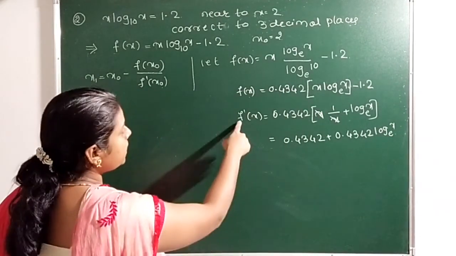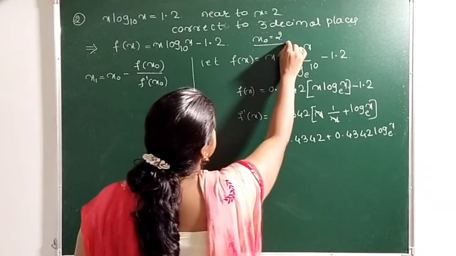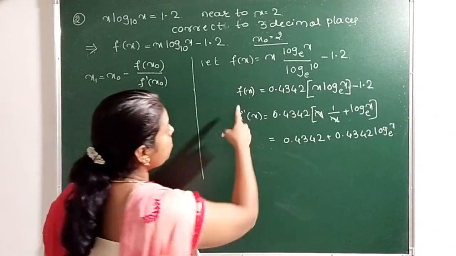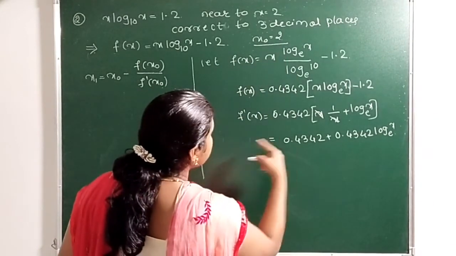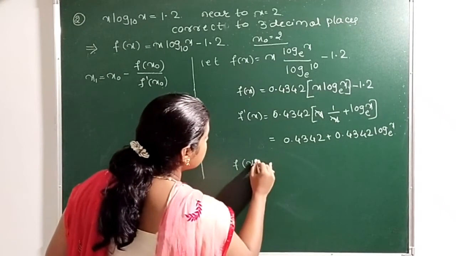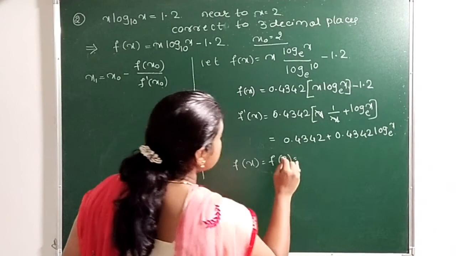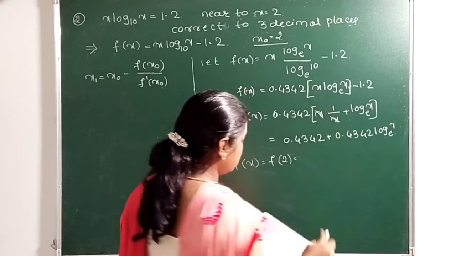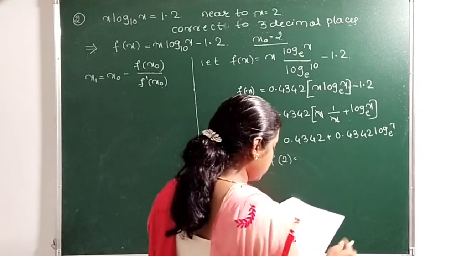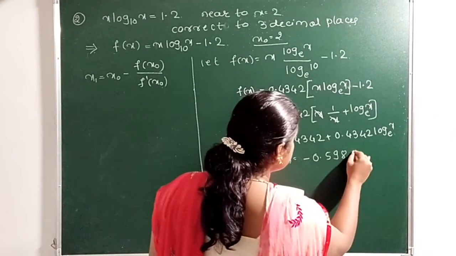Now after getting that f dash term, now you have to substitute the x0 value for both f of x and f dash of x. Now f of x, that value, if you substitute 2 in the place of x, the value of this becomes minus 0.5980.